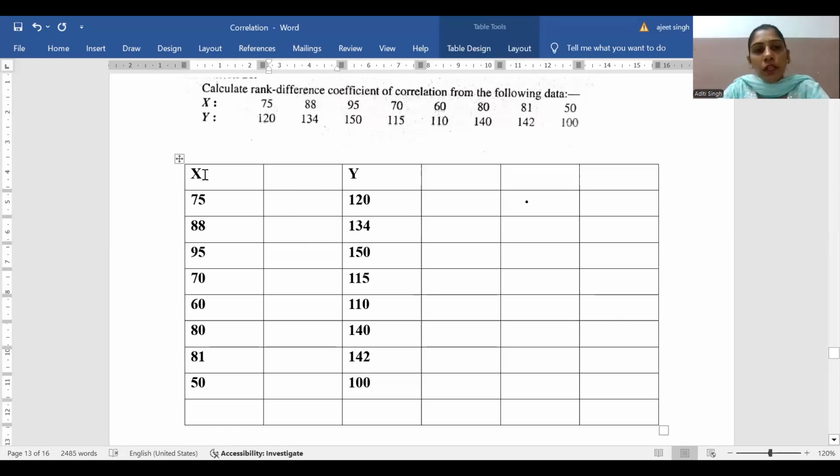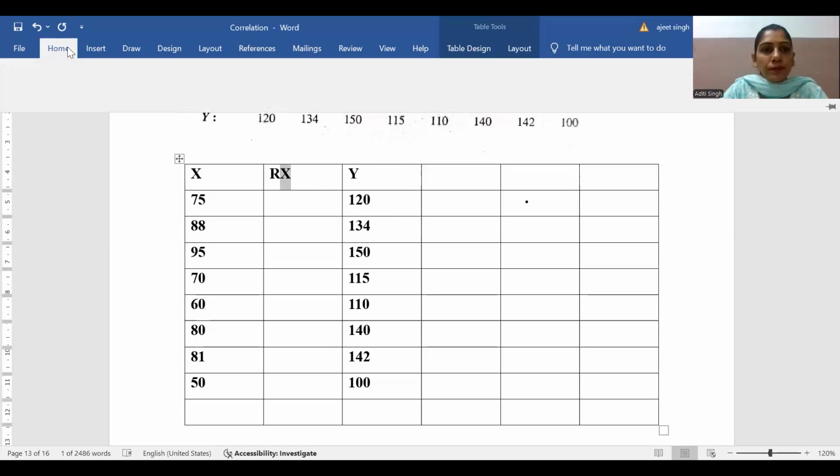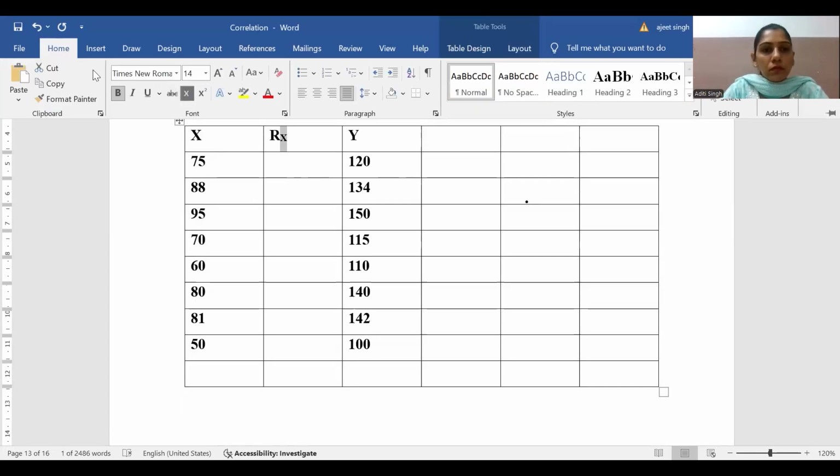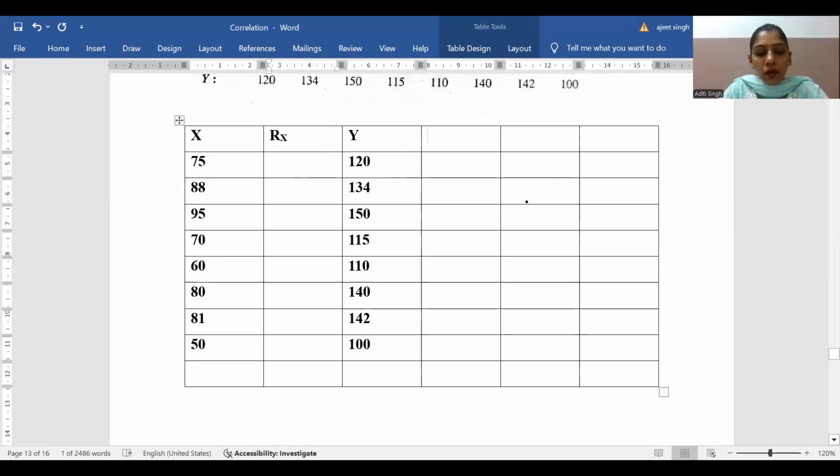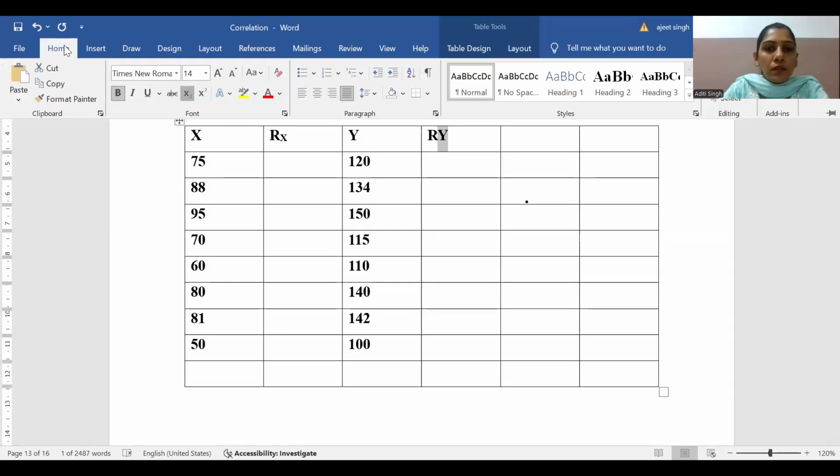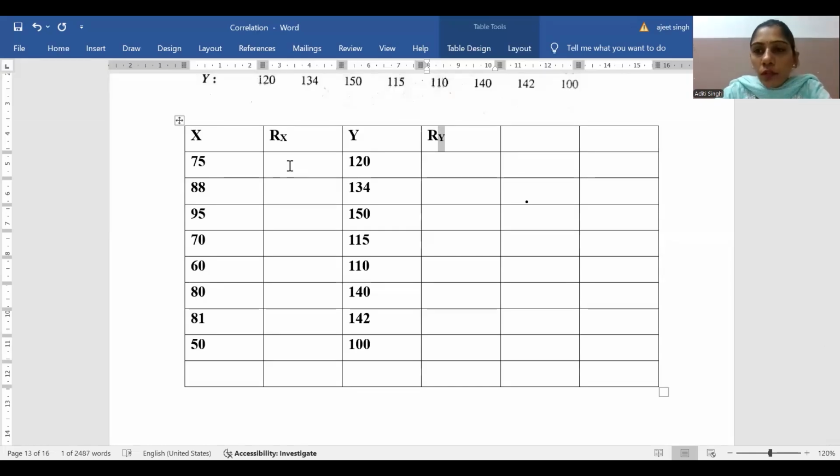Let's find out the ranking of X, and here the ranking of Y. What we have discussed is that we will assign ranking in descending order, giving rank 1 to the highest value.